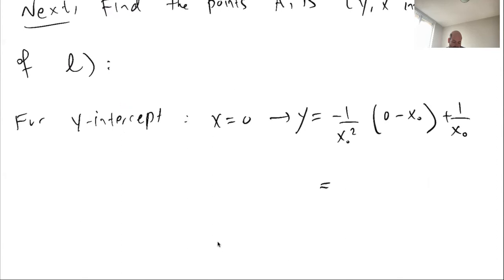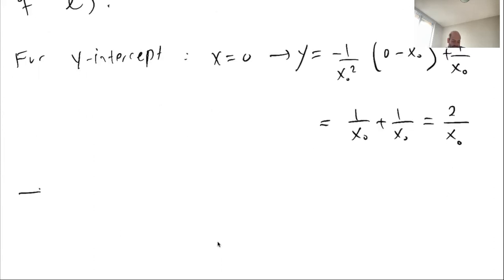So this is 1 over x0 plus 1 over x0, which is 2 over x0. So the point A will be 0 and 2 over x0.